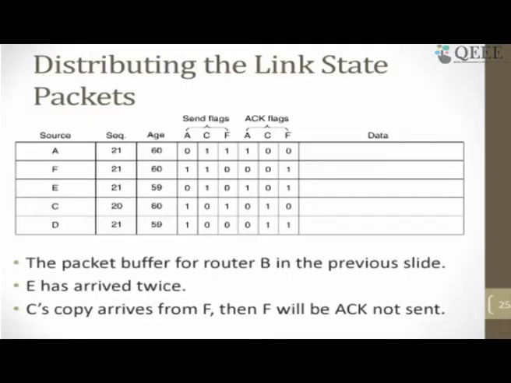So the age is 60. Age 60 means, if I am reducing the age after every 10 seconds, how much time will it stay? It will stay for 10 minutes.